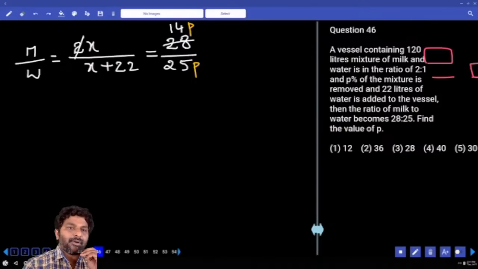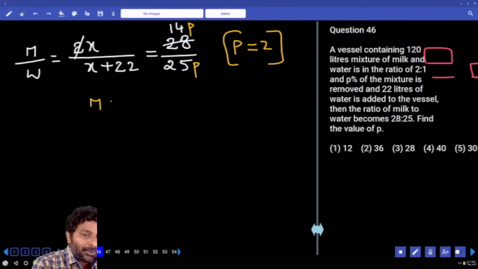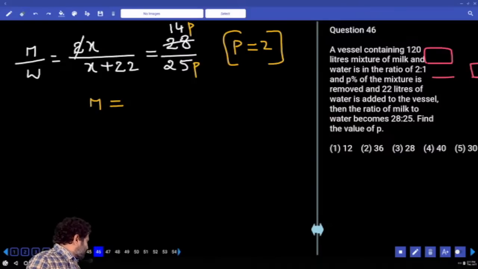Right. Come on. From this, what is P value? Come on. If P value is 2, in the remaining container, how much quantity of milk we have? Milk numerator.